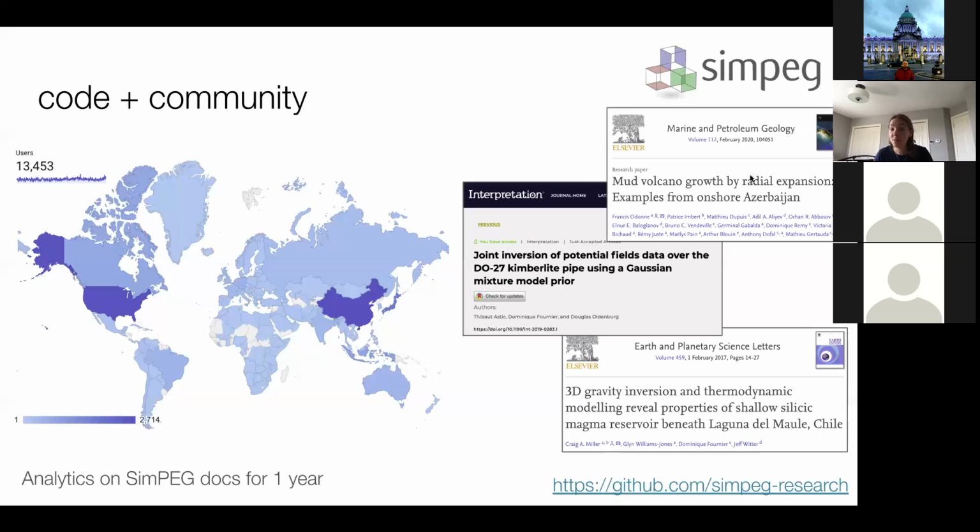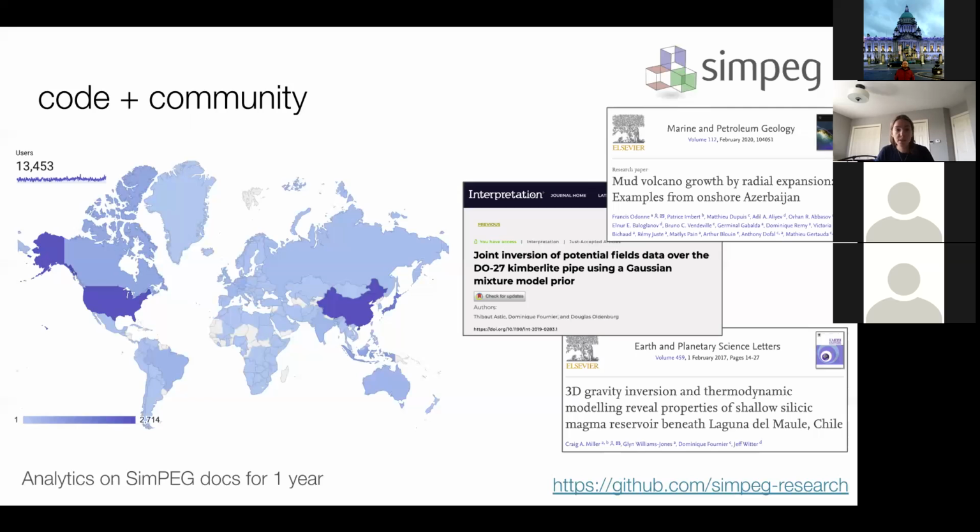One of the things I'm also extremely excited to see is that there are papers being written that use SimPEG that don't necessarily involve any of the core team. I think that's a really exciting metric to see, that if other people are able to pick up and use some of the work that the SimPEG community has done, it's useful beyond just the research applications that we're currently working on.